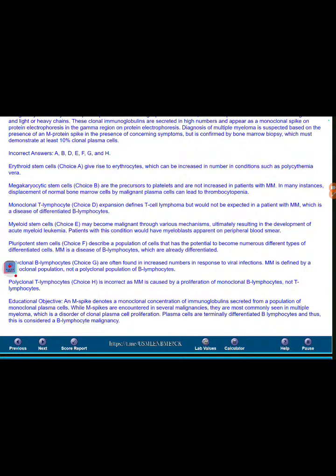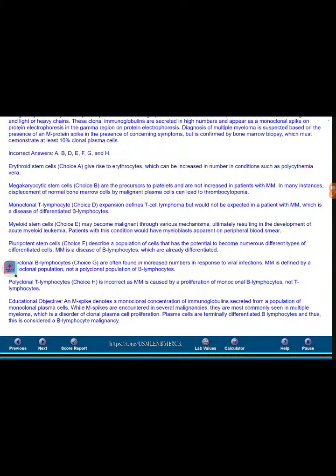In many instances, displacement of normal bone marrow by malignant plasma cells can cause a decrease in platelet count, thrombocytopenia. Here the platelets are not increased, but on the lower side.